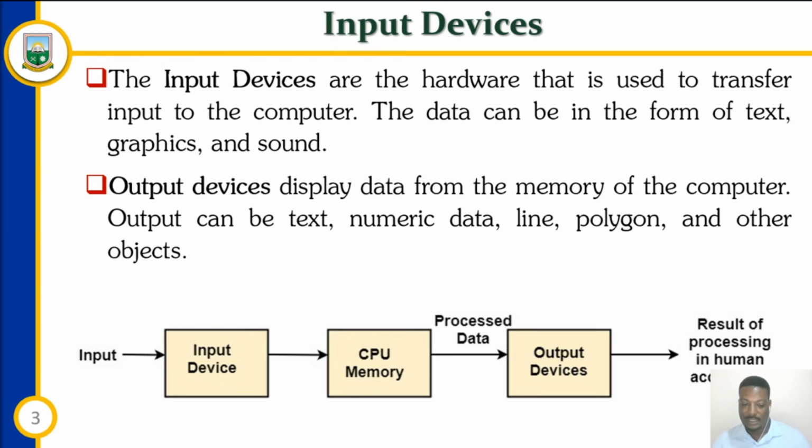Now, when we talk about input devices, we also, of course, have to talk about output devices. Those are devices that are able to display data from the memory of the computer. A typical example of an output device is the printer. So we feed some information to the computer, and at the end of the day, we are able to print out that information or data.